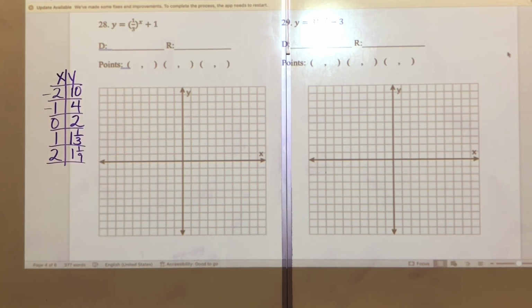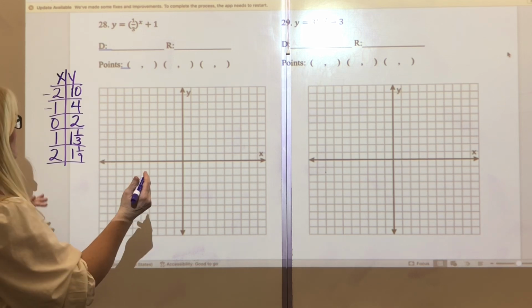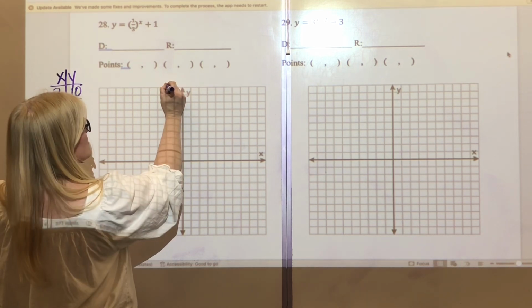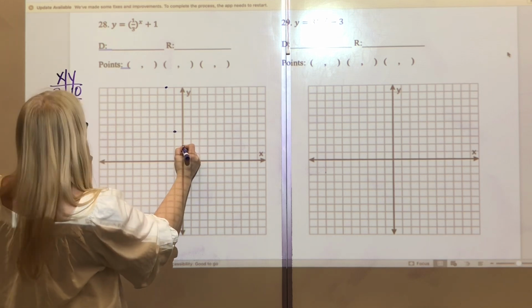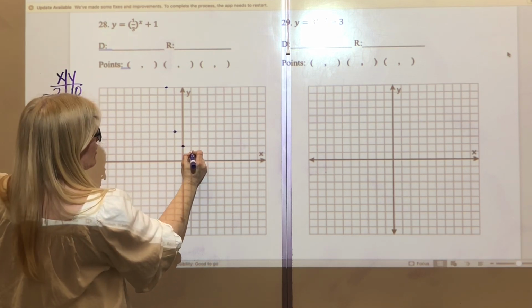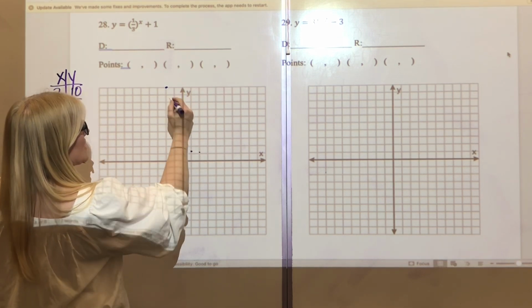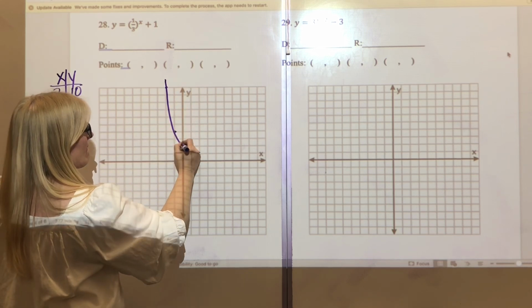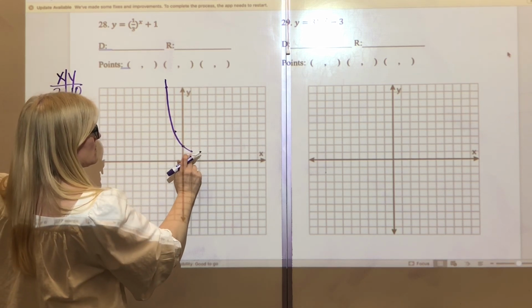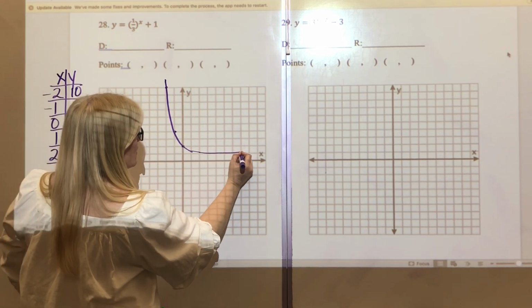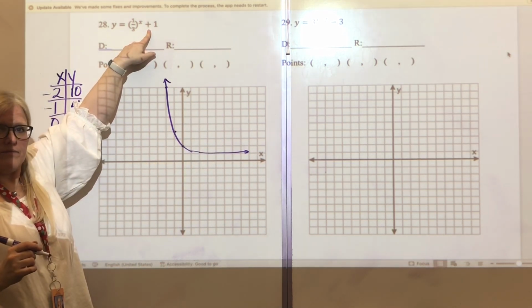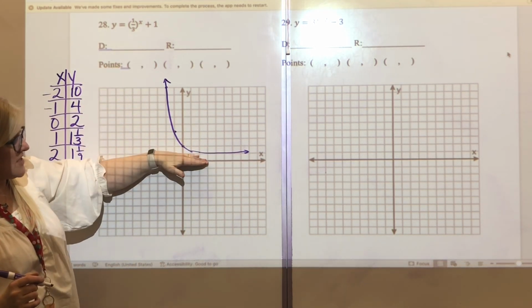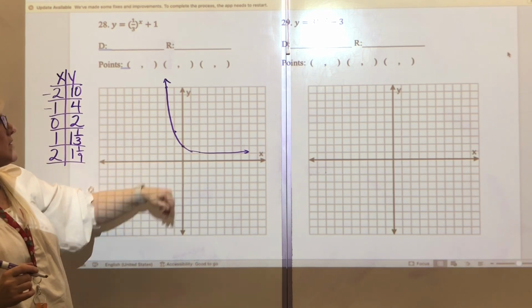All right, so negative 2, 10. Negative 1, 4, 0, 2, 1 and 1 1/3, and then this is going to come down like that, kind of. It moved up 1, right? So look, this moved up 1.